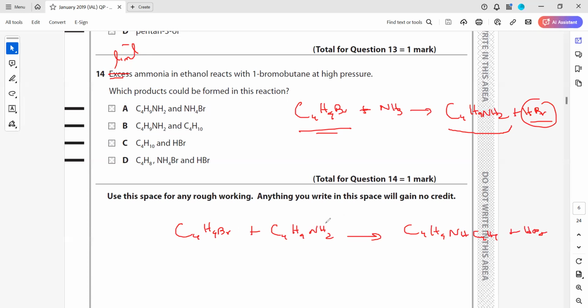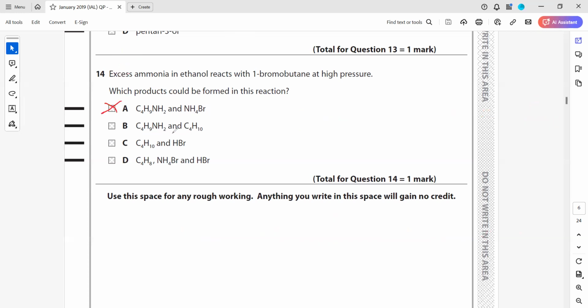This will happen until all of the hydrogens have been replaced. That is when we use limiting ammonia, but usually we use excess, so the excess will give us butylamine and ammonium bromide, not hydrogen bromide, because the hydrogen bromide will react with ammonia to form ammonium bromide.